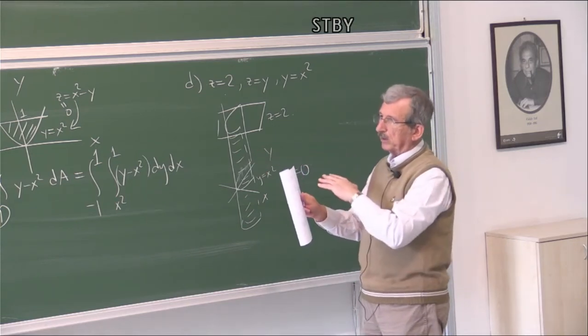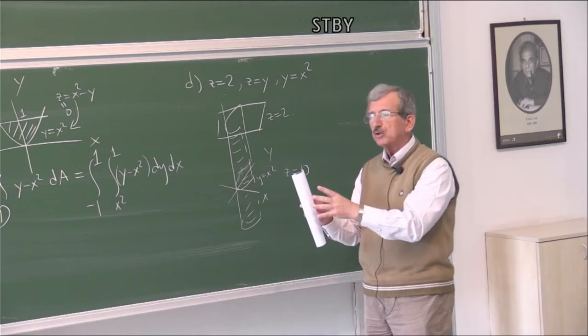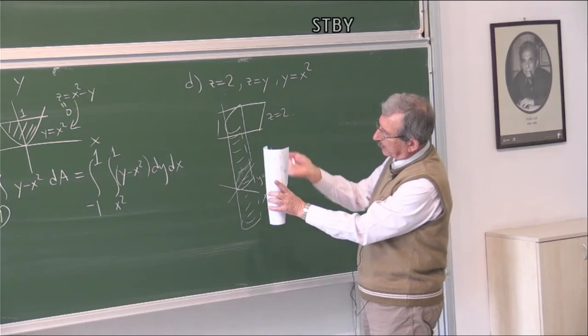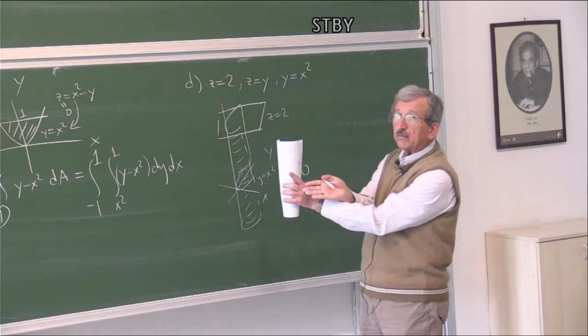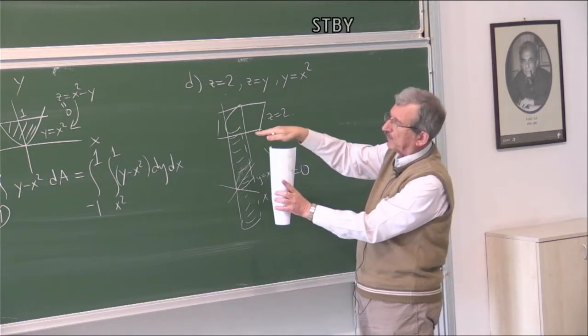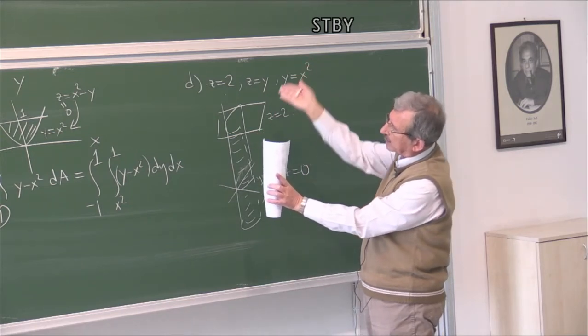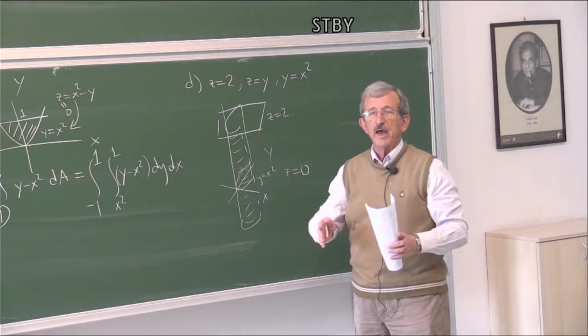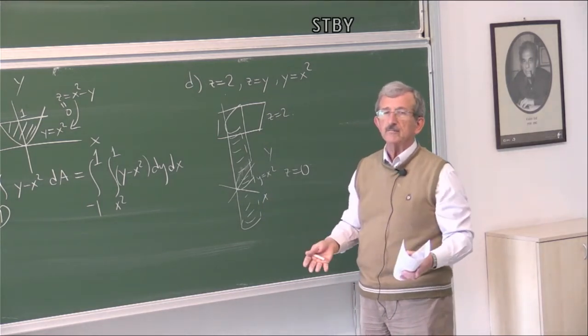Now, to describe the whole solid, we need a plane which cuts it in a slanted way, so that it's bounded from above, and if we cut it like this, this will give us precisely a well-defined solid.